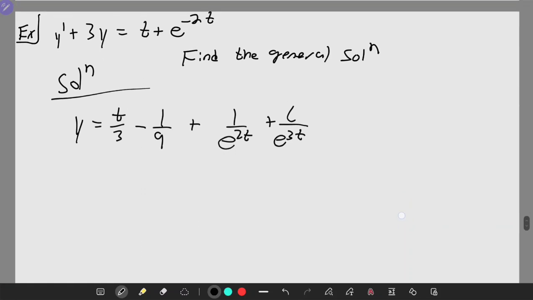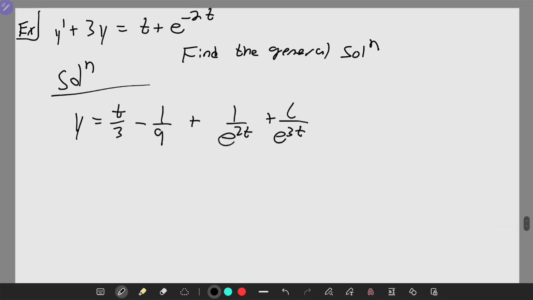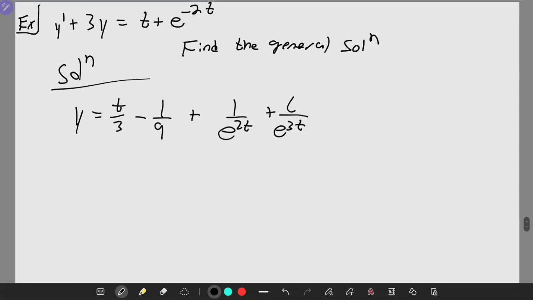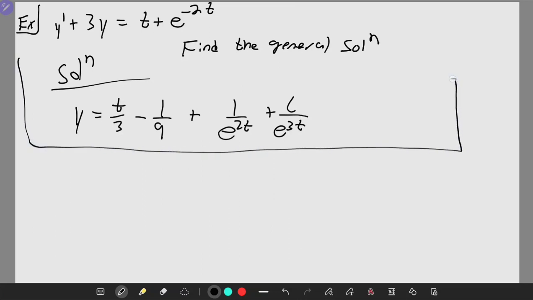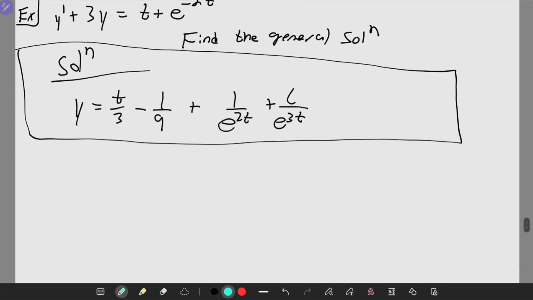Okay, now that you should have this answer, if you couldn't figure it out, I'm going to do it for you. So, you see it's already in standard form. Our P of t is equal to 3.